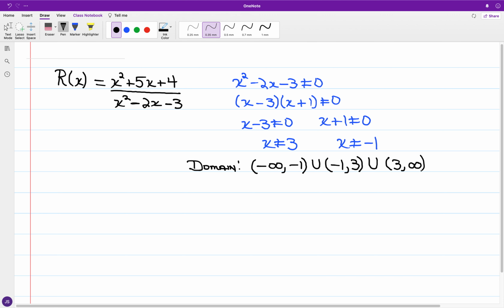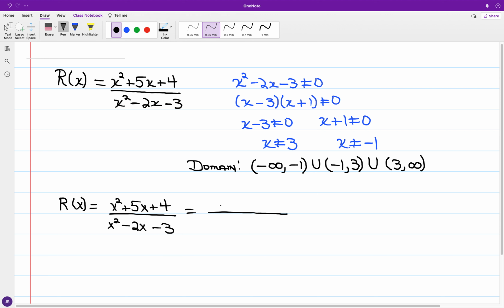And just going back to asymptotes. If we're looking for vertical asymptotes, again we have r of x equal to x squared plus 5x plus 4 all over x squared minus 2x minus 3. You look for the exclusions from the domain before any reduction is performed, and factor both the numerator and denominator.